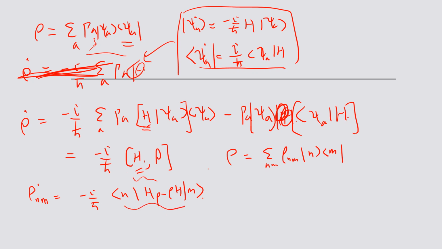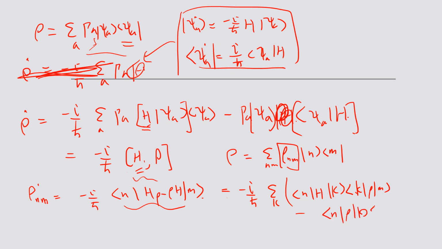Okay. Since we already plugged in everything, right? This rho_nm dot will be the sandwich of n and m. Okay, and then this is minus (i/h-bar) sum over k of <n|H|k>, so you plug in k here, minus <n|rho|k> <k|H|m>.